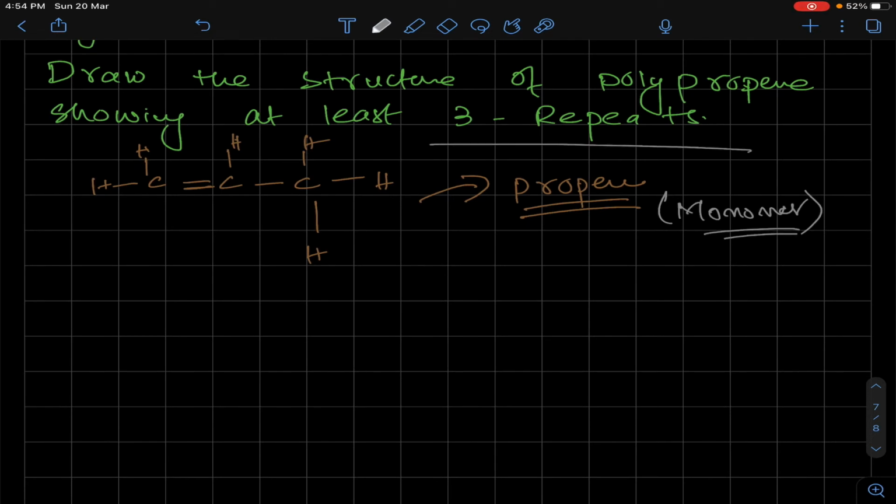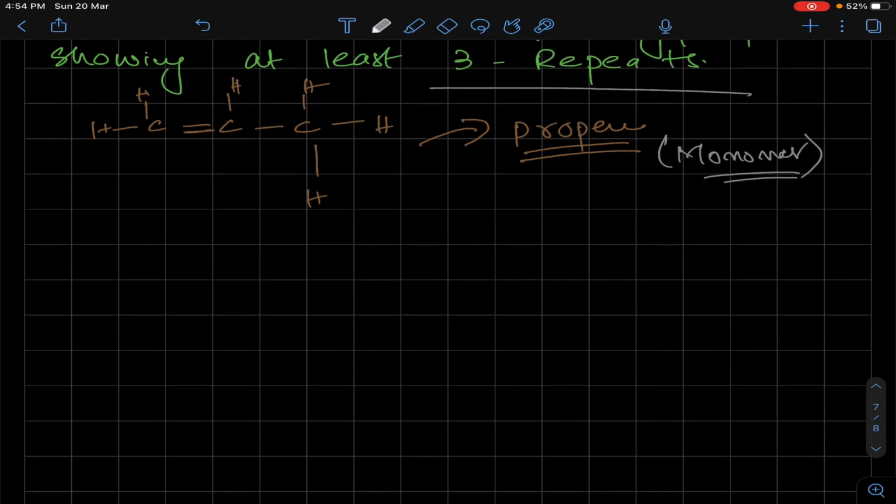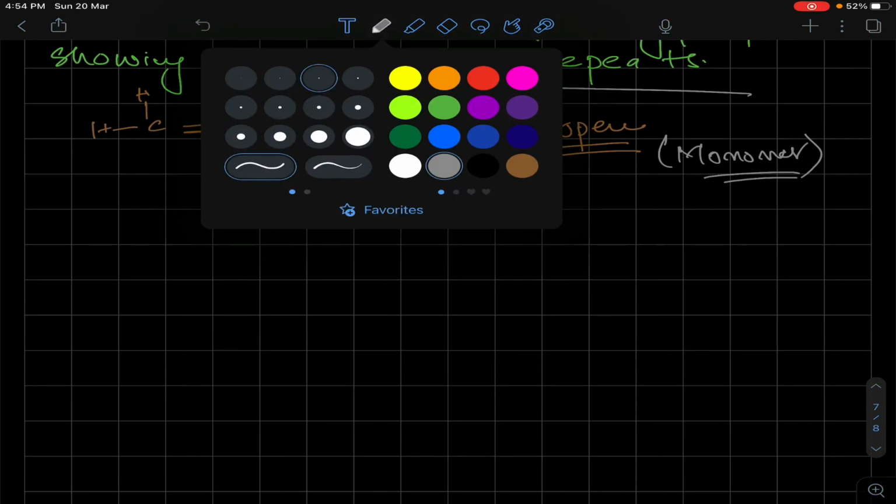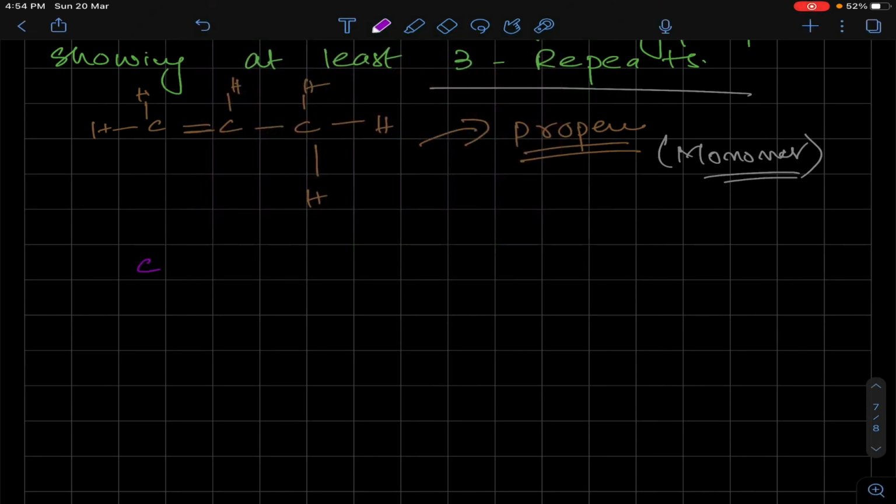If you look at this structure, you must notice that we now have 3 carbon atoms in our monomer. Previously, we had only 2 carbon atoms. So what you have to do is draw the 2 carbon atoms which have the double bond between them horizontally.